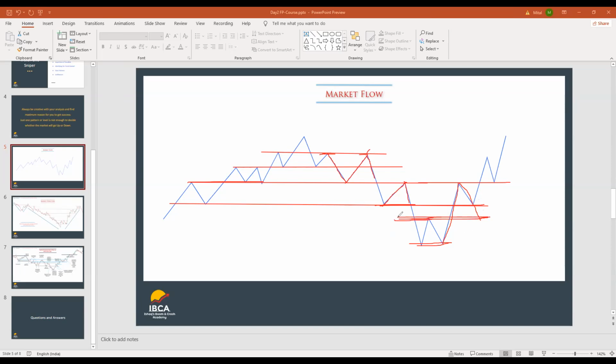So the market would either come to this level and bounce back in the uptrend. If it wants to make an uptrend, it will come to this level and just break this level, or it will come to this level, play in the range, and then move upward, right? So these are the ways the market will move.